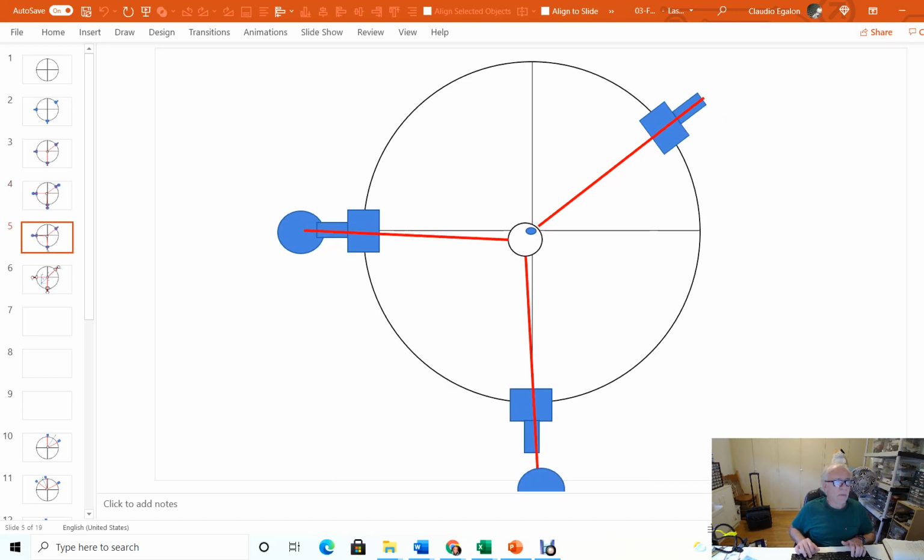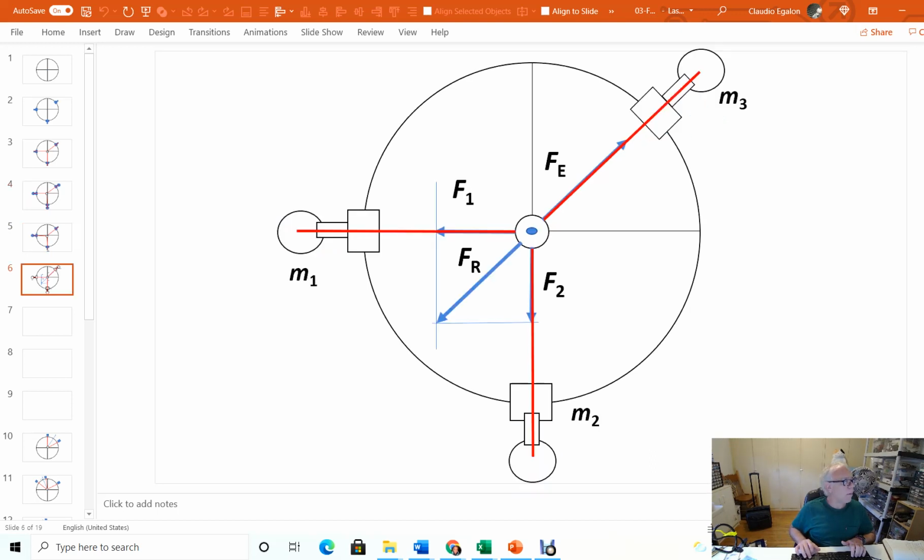Once we start loading with the mass 3, the ring is going to be centered. Do not forget, because this is the Pythagorean theorem, the mass 1 and mass 2 that are exerting forces 1 and 2 on the ring are going to be, the vector forces F1 and F2 are going to be perpendicular to one another. So we're yielding a resultant force here.